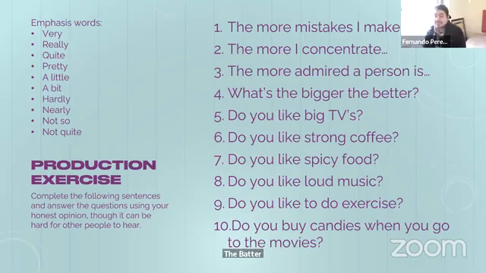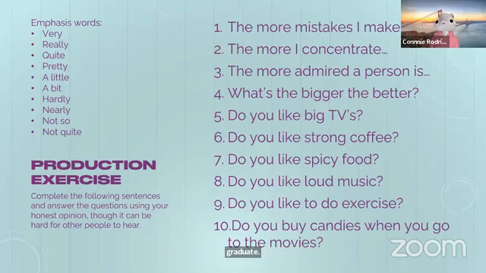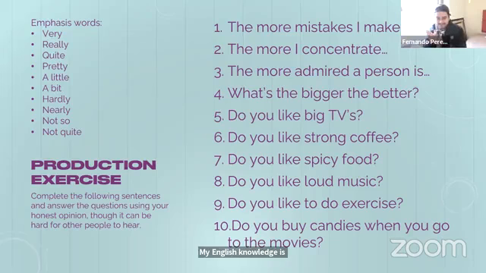Perfect. Now, the position of the verb to be: person, verb, complement. The bigger my English knowledge is. Exactly. That's a very, very common mistake, to collocate the verb to be before the person.